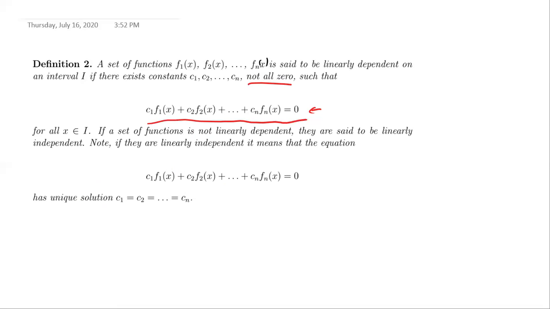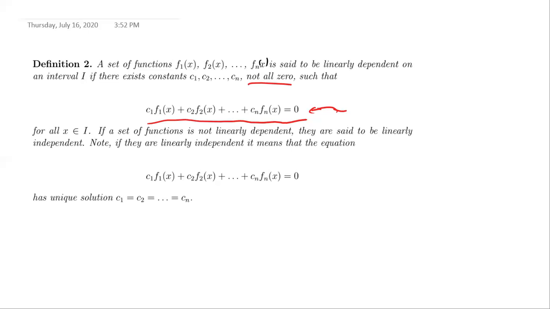If a set of functions is not linearly dependent on an interval, then we say they are linearly independent. So you can approach this in two different ways if you want to see whether a set of functions is linearly independent, and that's what we're mostly going to be interested in. You can either check that they're not linearly dependent on an interval using this definition, or you can use this alternate definition.